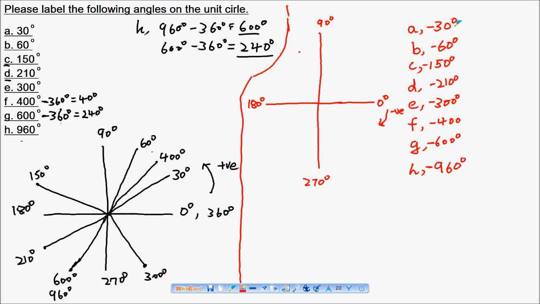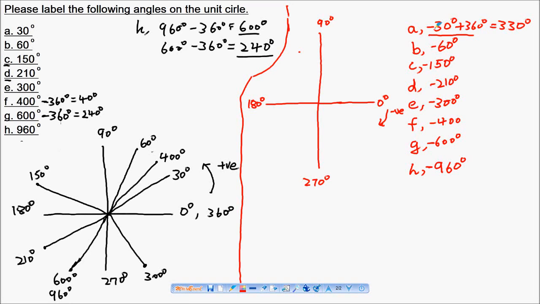So I have minus 30 degrees. What I do is I add 360 degrees to angle A, and it equals 330 degrees.